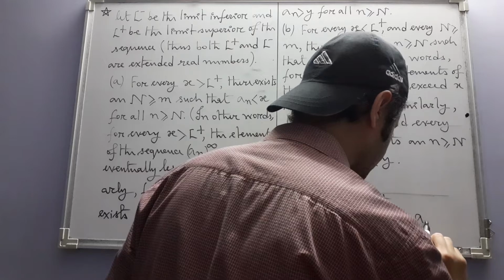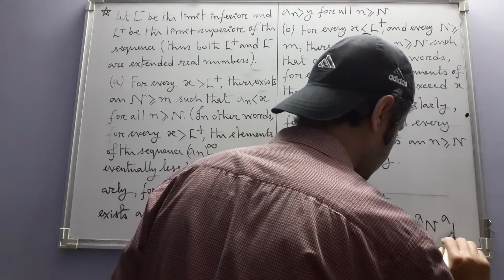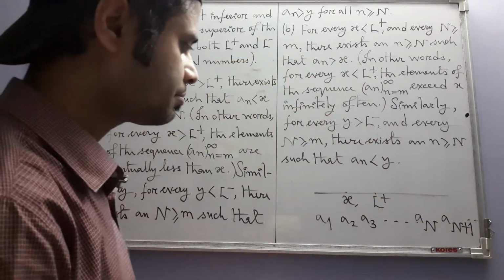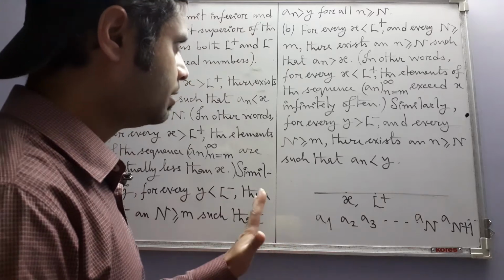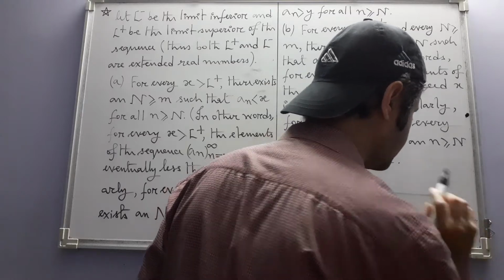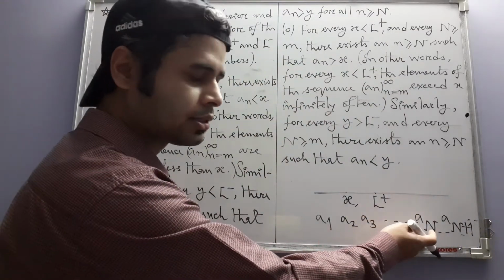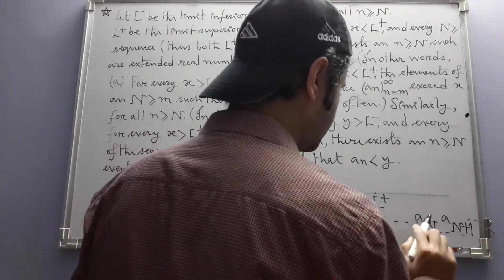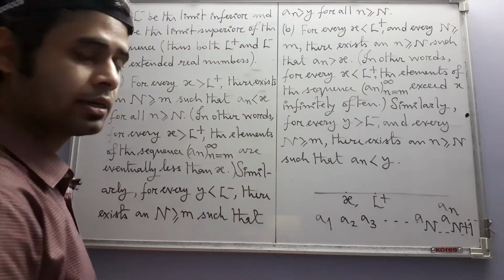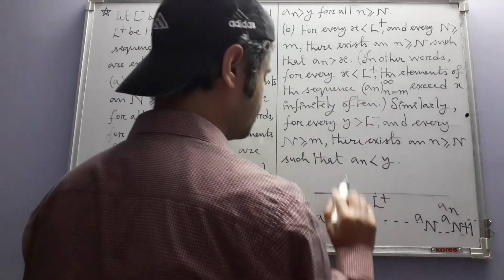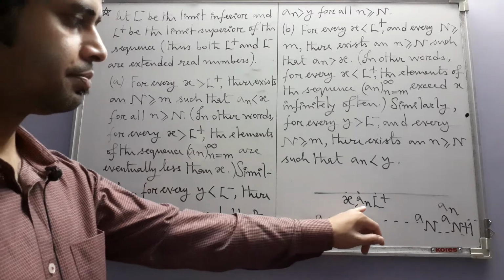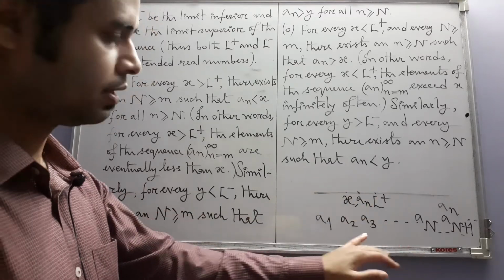Say we have chosen a stage capital N. The sequence continues after that stage also. Then you will get some element of the sequence here after this stage, or maybe here itself, so that that corresponding an is greater than x. That is, that an will lie here. It will lie to the right of x.